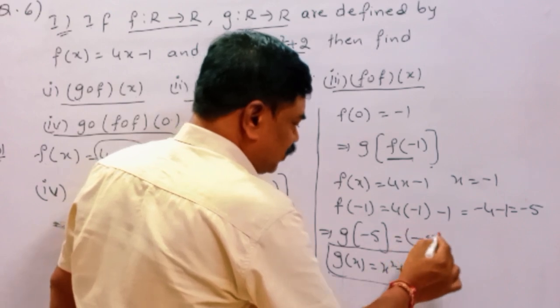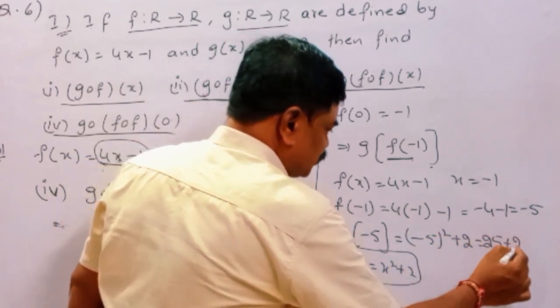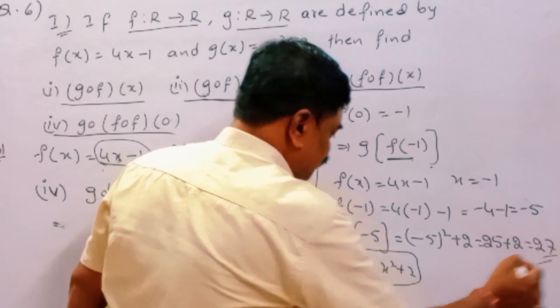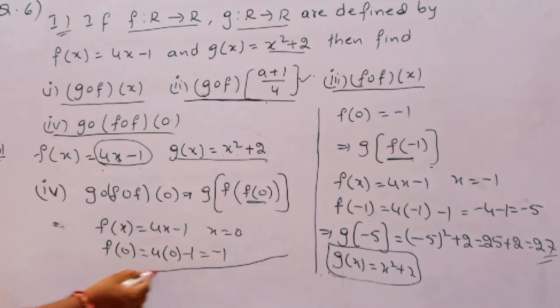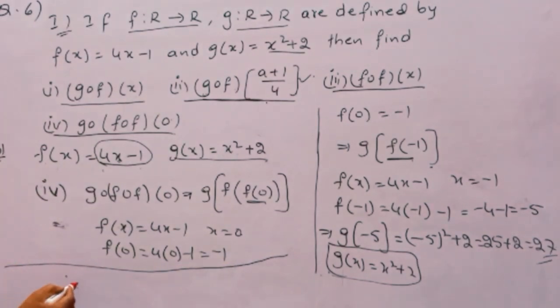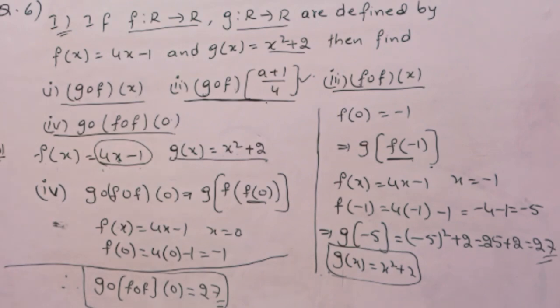So minus 5 whole square plus 2, 25 plus 2, is equal to 27. Therefore, g circle f circle f of 0 is equal to 27 is the answer. That's all.